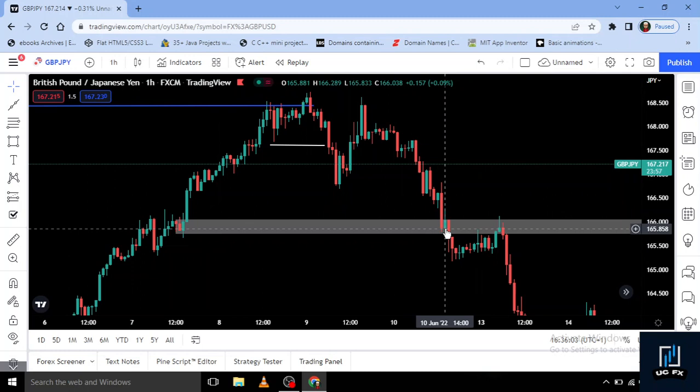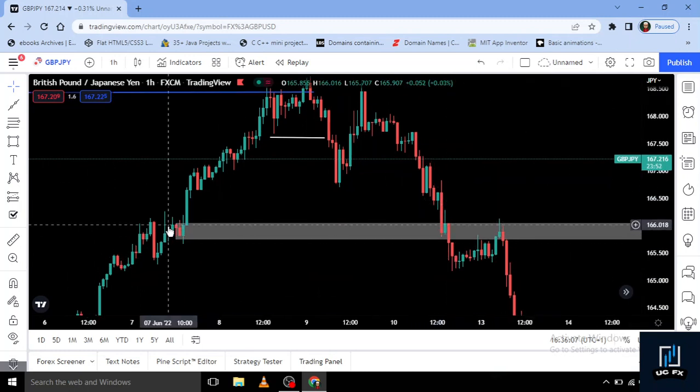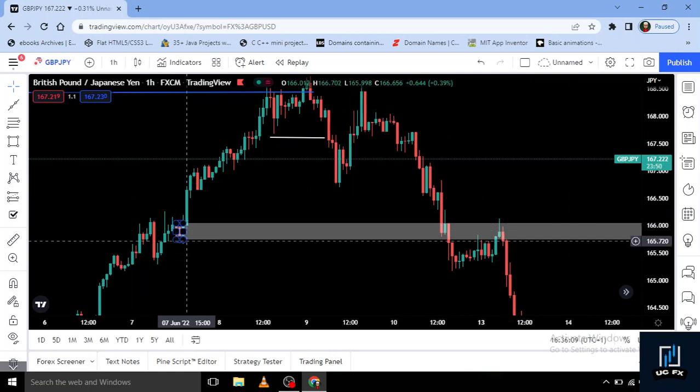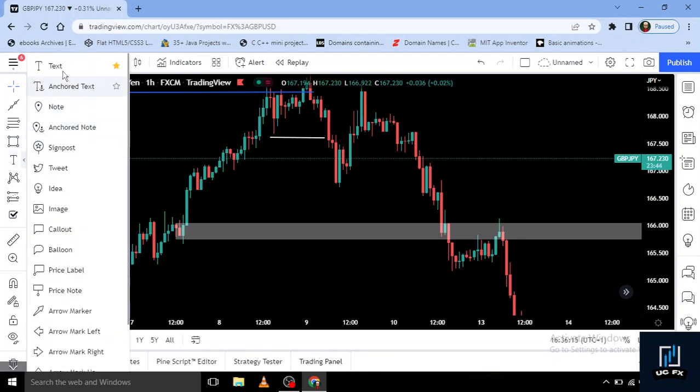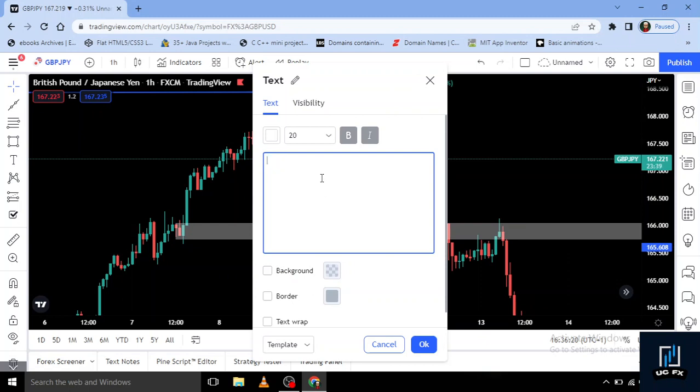You can see how this one was actually violated, it didn't work. So in any case an order block gets violated, that's what we call a breaker block, BB.